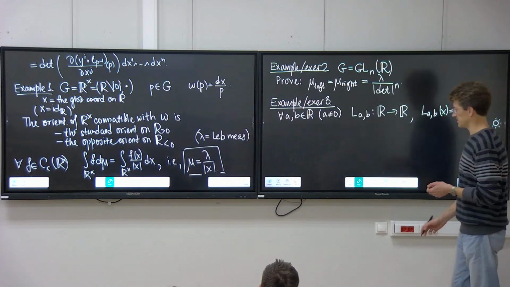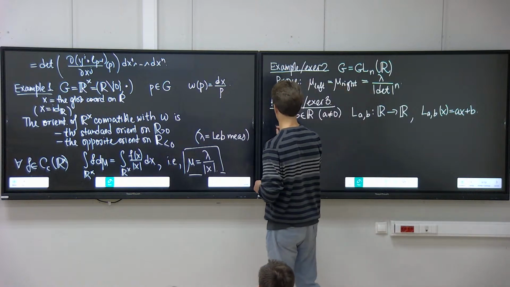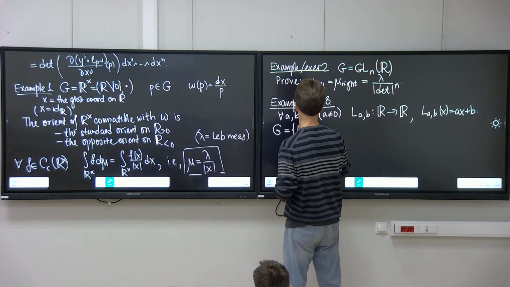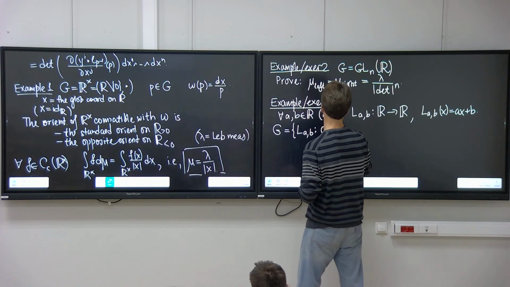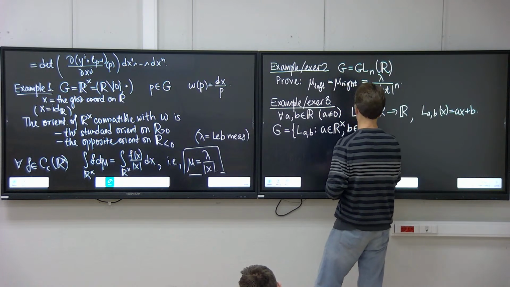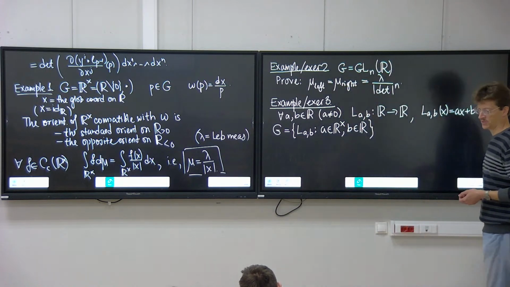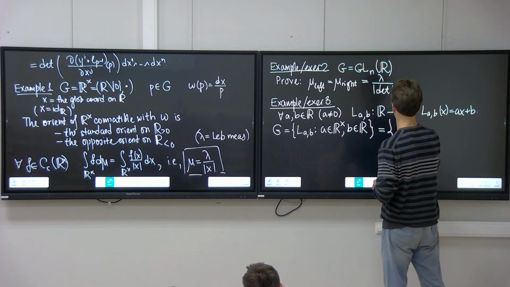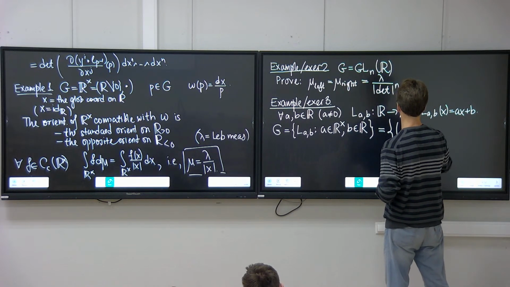So clearly all such transformations form a group. They form a group that's denoted by G. And we can easily make it into a Lie group by identifying this group with a group of all 2x2 matrices of the following form.